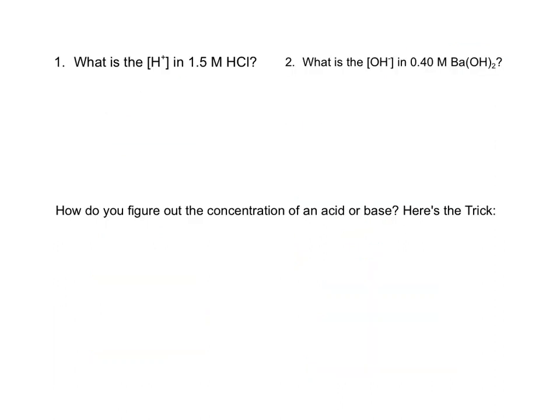So right off the bat, if we want to know the concentration of hydrogen or hydroxide, one way is if they give us the molarity of the acid or the base. And the first thing you'll want to do is see how the acid or base dissociates or ionizes. So in this example, hydrochloric acid splits up into its ions.